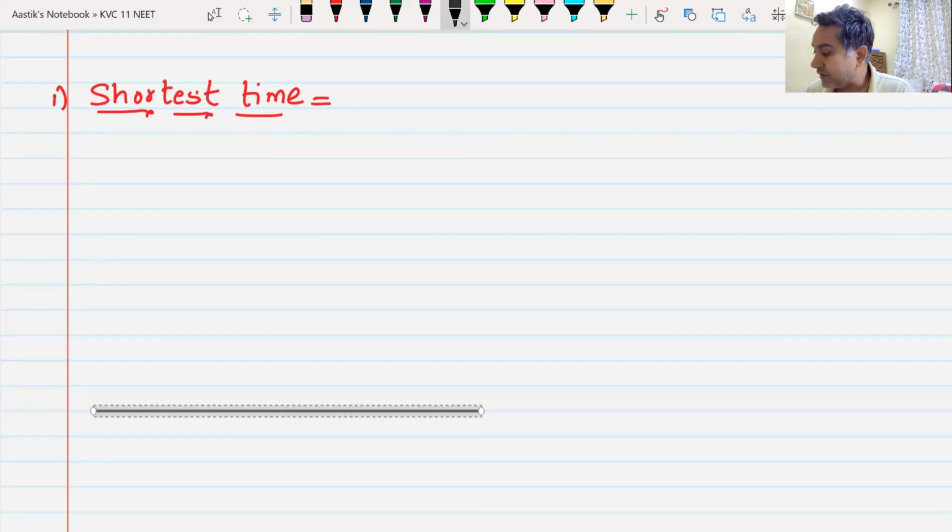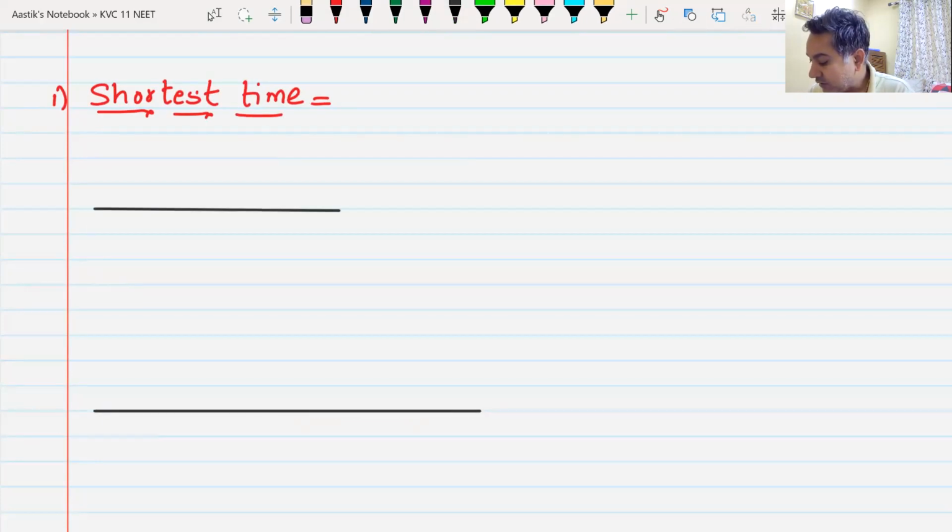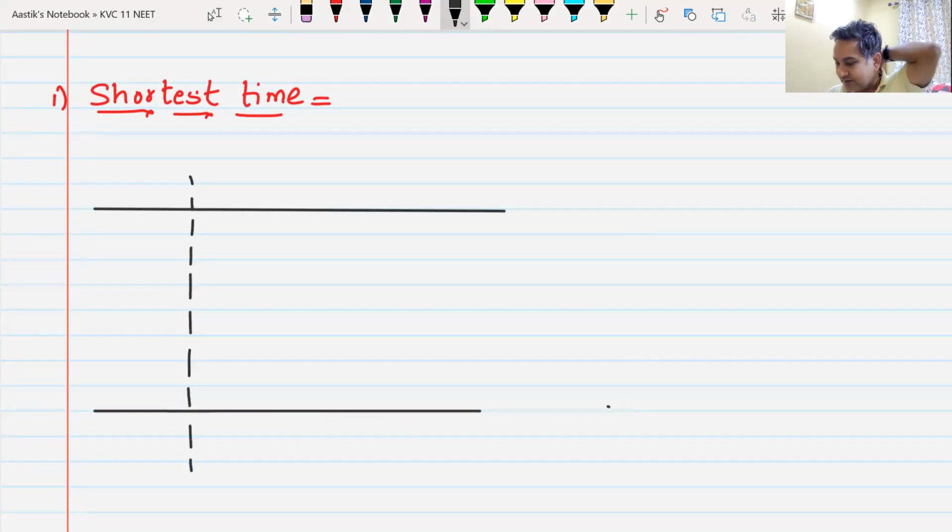Question when it comes, it will not require you to draw the diagram because you just have to write the answer and understand the important points. How should the boat or the swimmer move so that he crosses the river in the shortest time?